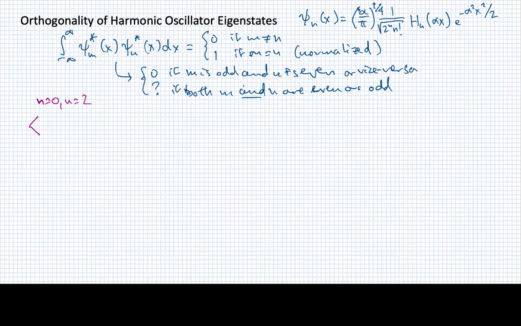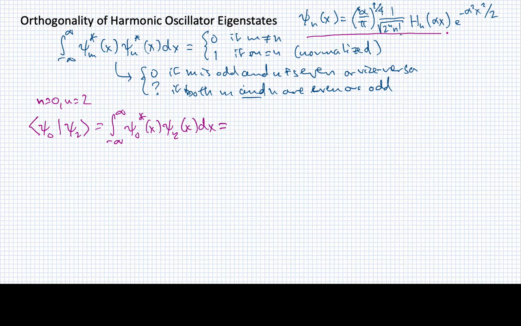So in other words, we're calculating, in essence, this entity. And I'm drawing it here in Dirac notation so that you can see how that looks. But what we're actually doing is evaluating this integral: psi 0 star x psi 2 of x dx. And if we write all this out, and I've written the general formula for the eigenfunctions of the harmonic oscillator up here, we're going to have two factors of this alpha over pi, so I'll bring that up front. So this is to the 1/2. We will have the integral from minus infinity to infinity.